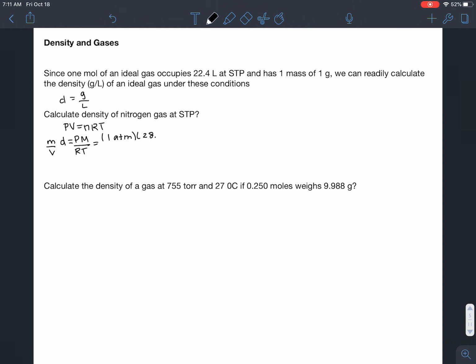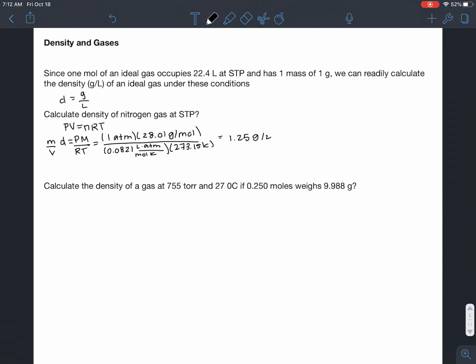Molar mass for nitrogen gas is 28.01 grams per mole. And our constant is 0.0821 liter atm per mole Kelvin. And then the temperature is 273.15 Kelvin. If you multiply all that together, your answer comes out to be 1.25 grams per liter.